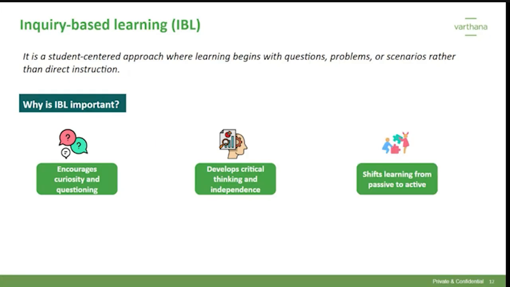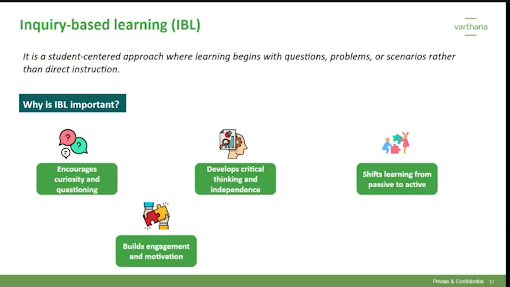Then comes the shift from passive to active learning. Instead of just listening to what you're teaching, you become an active learner, because you're questioning a lot, you're getting a lot of answers, and again you're cross-questioning. Automatically it becomes an active session.